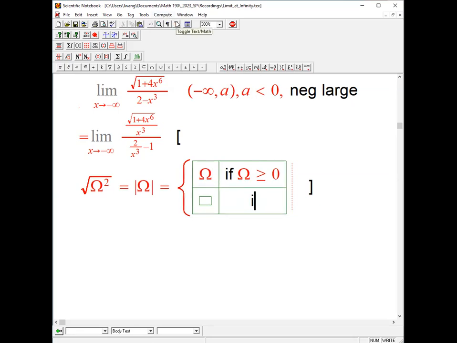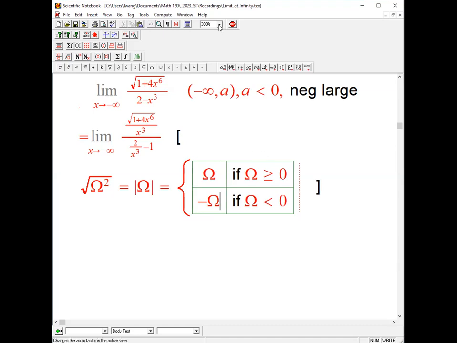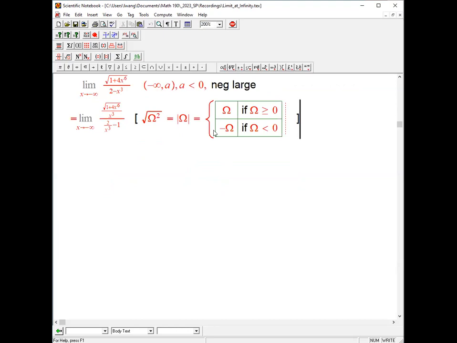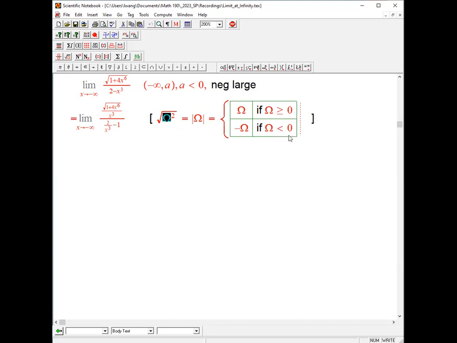If omega is negative, the absolute value of omega is its opposite. We just use omega as a placeholder. I think I can make the fonts a little bit smaller. Okay, so now suppose omega is in the negative category. So we're considering this category, and our omega is x raised to the power 3. Okay, so that's our omega.